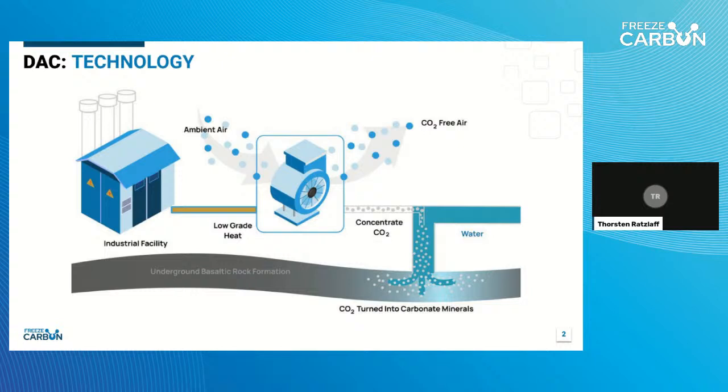In this case, we label it as basaltic rock, but there are also other types. Then the gas plus the water plus the magnesium creates a reaction and the CO2 turns from a gas into a solid form. So basically, we changed the state of the gas, and it's solid, and it cannot go up again because of gravity, of course. It's held down.